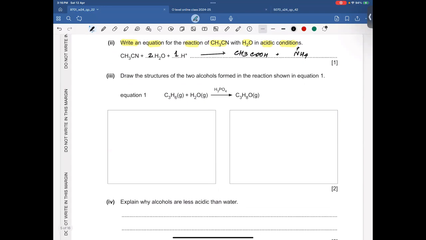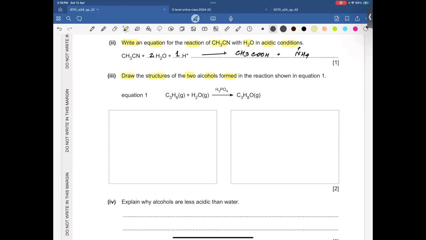Next, draw the structures of the 2 alcohols formed in the reaction shown in equation 1. So when propene reacts with water, you will get propanol. All right. So propene is basically an unsymmetrical alkene. Steam is basically an unsymmetrical reagent. So in this reaction, Markovnikov rule is going to be followed.